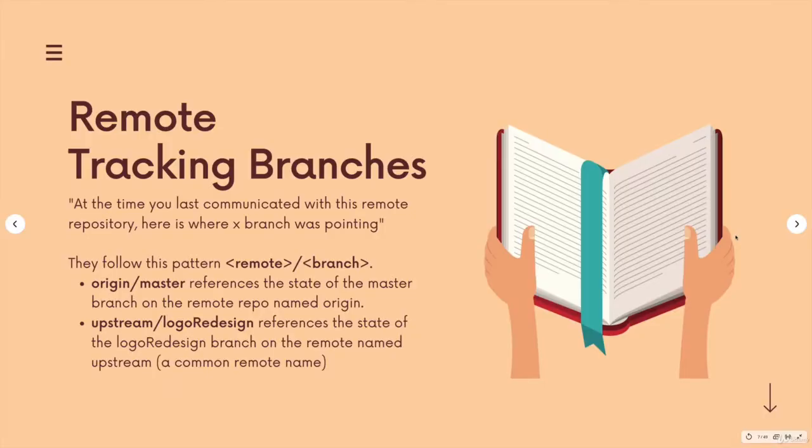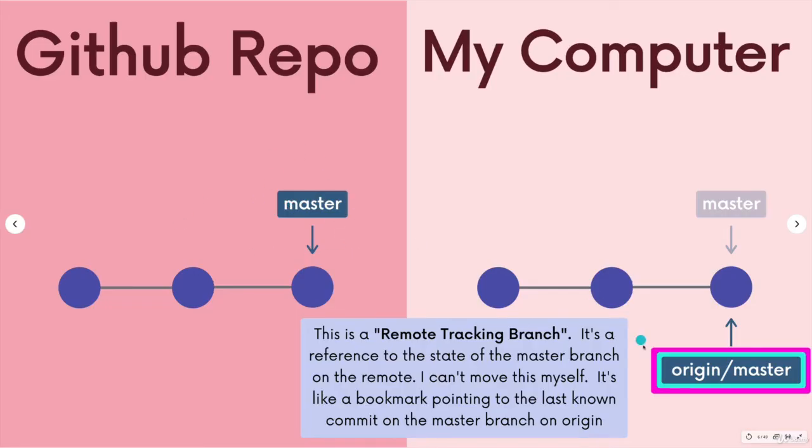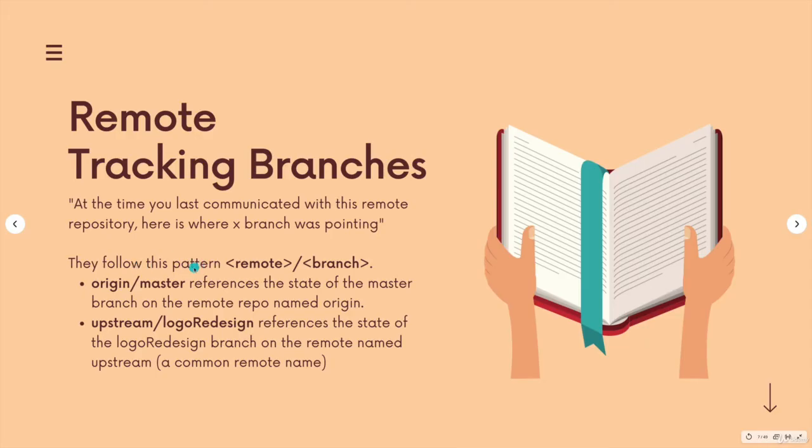So to reiterate, this term remote tracking branch, think of it as the bookmark or a pointer that remembers at the last time you communicated with this remote repo, here is where the master branch or the main branch or the purple branch was pointing on that GitHub repo on origin. So they follow this pattern, remote/branch name. So Git names them for us. As we talked about, origin is a very common remote name.